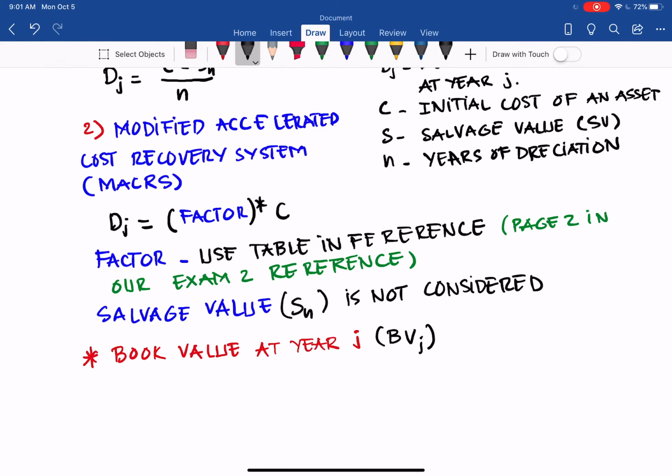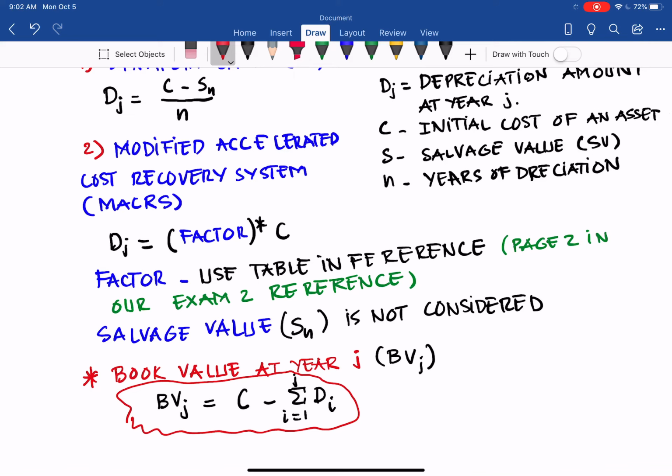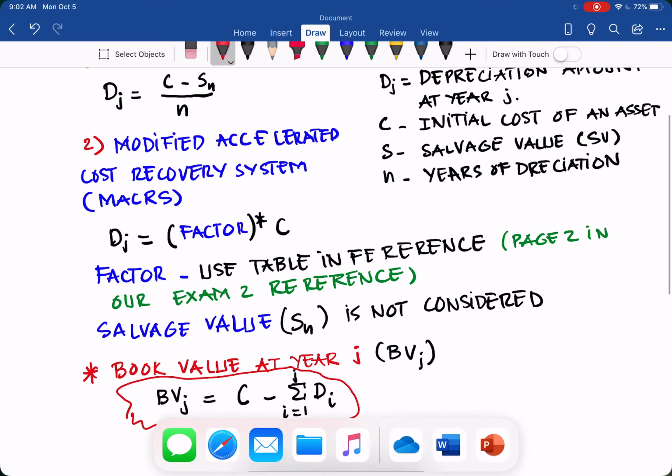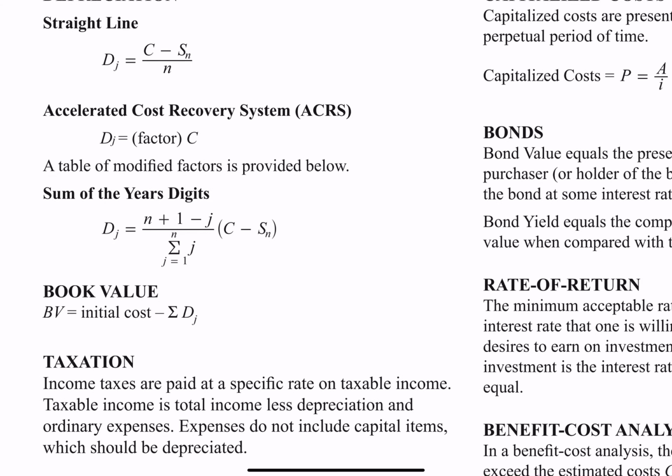It equals the initial cost minus the sum of all the depreciation from year 1 to year J. So that is the equation to determine the book value. What is left after we depreciate it? Make sense? So that is book value. And that equation is also available in the FE reference, as you can see there, book value.